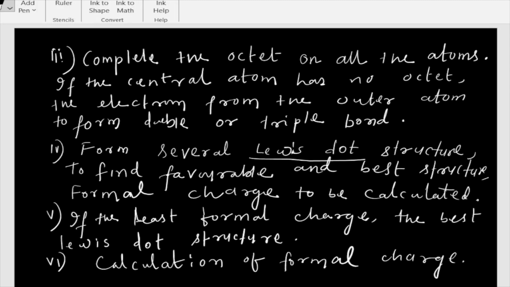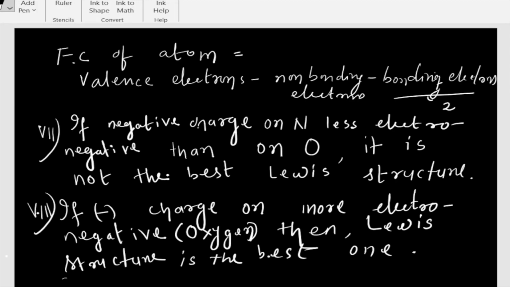How to calculate the formal charge: valency electrons minus non-bonding electrons minus bonding electrons divided by 2. What is meant by valency electrons? In oxygen, 1s2, 2s2, 2p4, that is 6 valence electrons. Non-bonding electrons are where the dots are put, that means they are not involved in bonding.